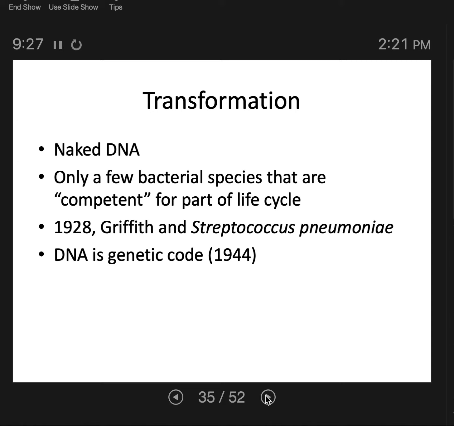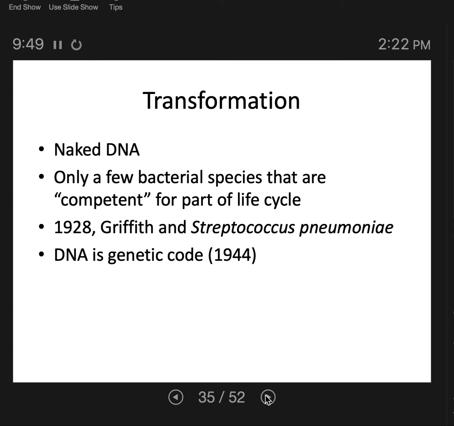Now, it's not that they know which genes to pick up. There's hundreds, thousands of bacteria in the harmless mutant colony, and they're all picking up different genes from the naked DNA. Well, some of them are becoming harmful strains because they're picking up virulence factors from the dead, harmful bacteria.